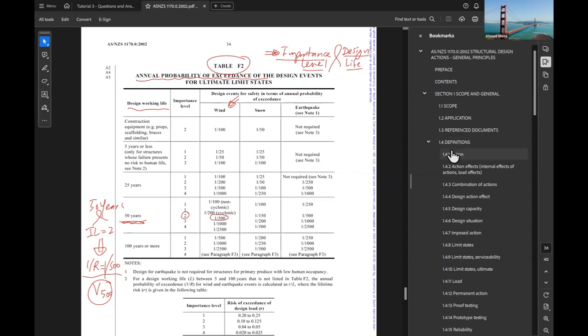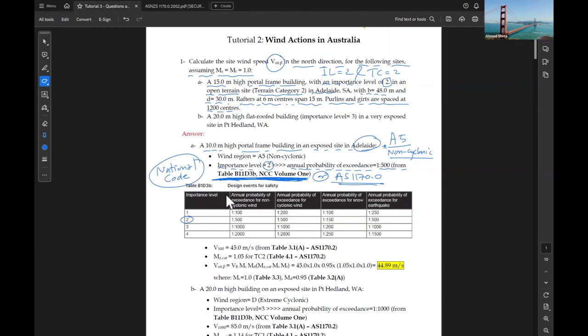So here, if we have importance level 2 with a non-cyclonic building and assuming a design life of 50 years, how much is the annual probability of exceedance? 1 to 500, also from the National Code.